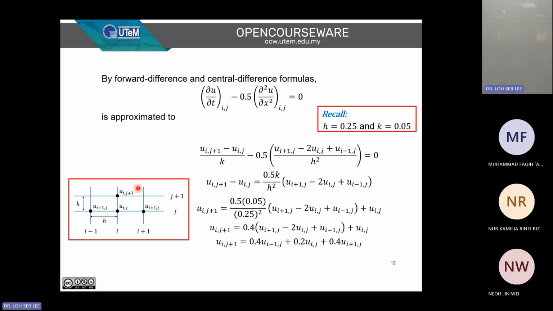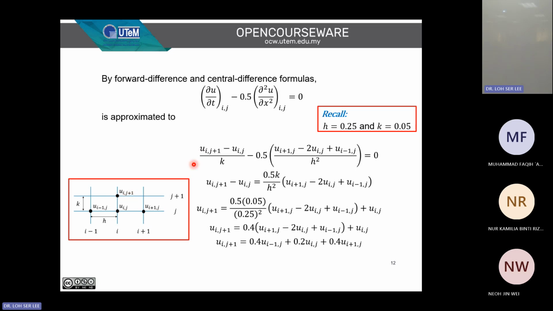We want to know the position of each U, because we have to know which U will be chosen to isolate for the formula. At the end we choose this U_i,j+1. Later I will explain why we choose this over the rest. Now we sketch this one first. U_i,j+1 means i and j+1, so this is the point.